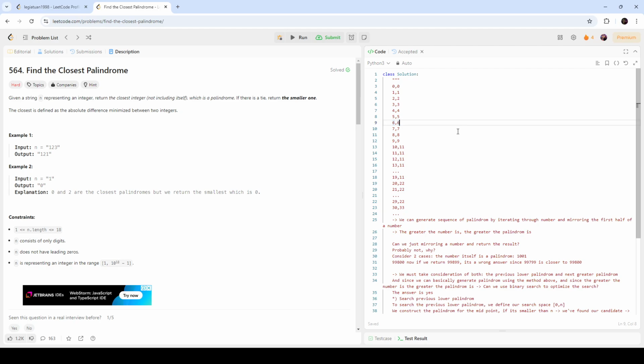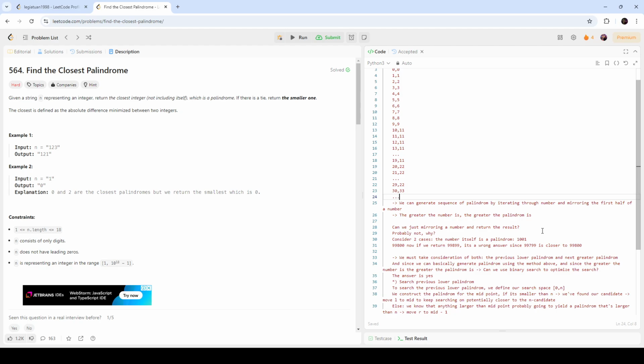One more thing is that the larger the number, the greater the palindrome, as you can see here. So that's two things: we can generate a sequence of palindromes by iterating through numbers and mirroring the first half, and the greater the number is, the greater the palindrome is.